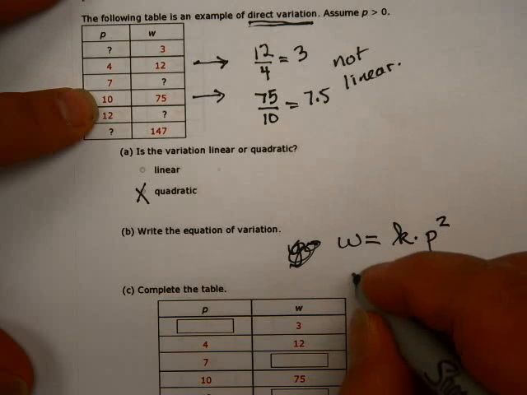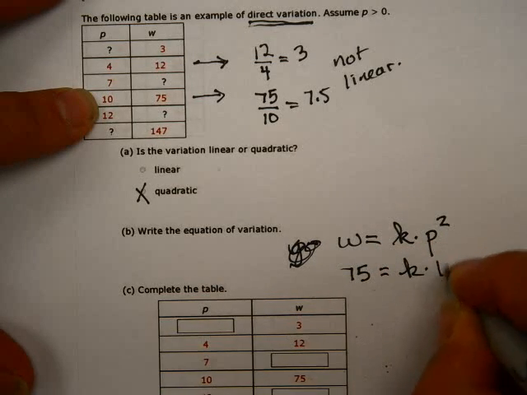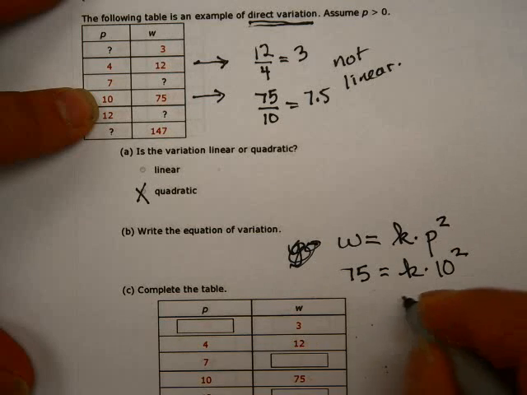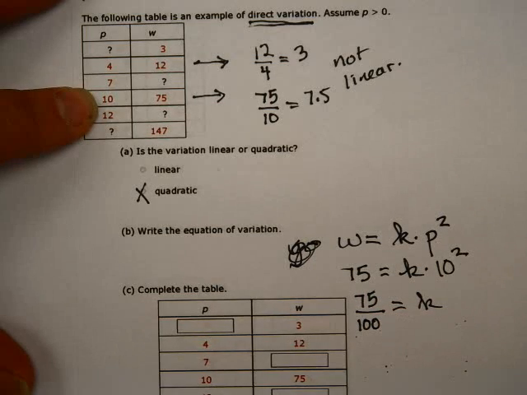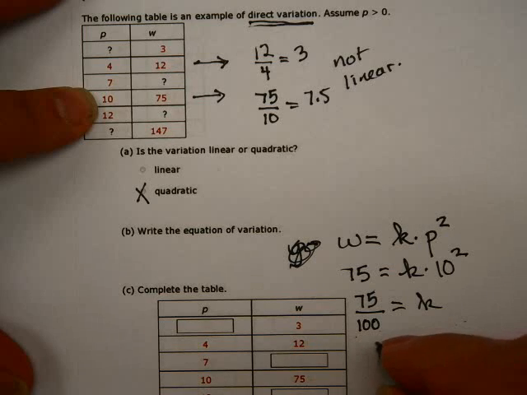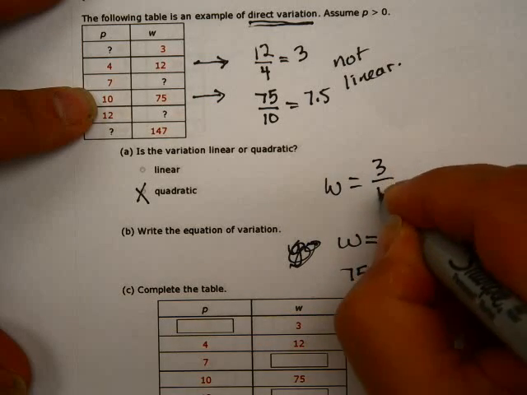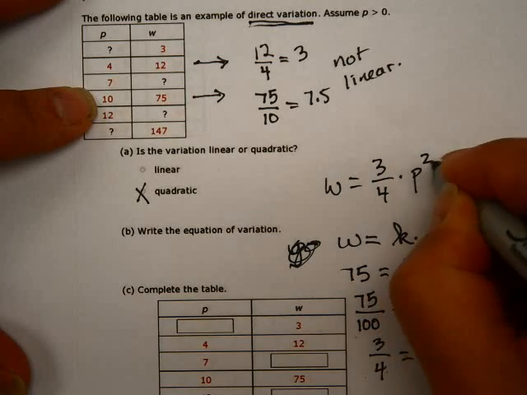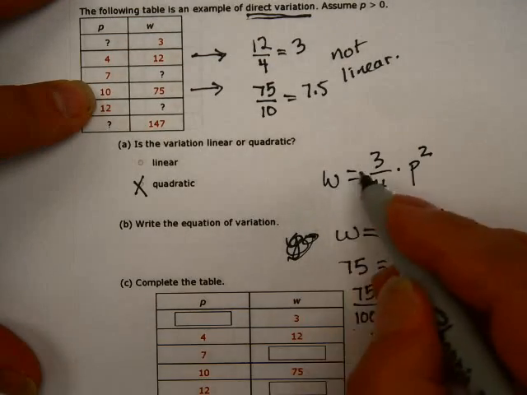Just for fun, let's pick 10, 75. Let's say 75 equals K times 10 squared. So that gives you that K equals 75 over 100. If you reduce that fraction, you get that K equals 3/4. So W equals 3/4 times P squared. That's my equation of variation right there.